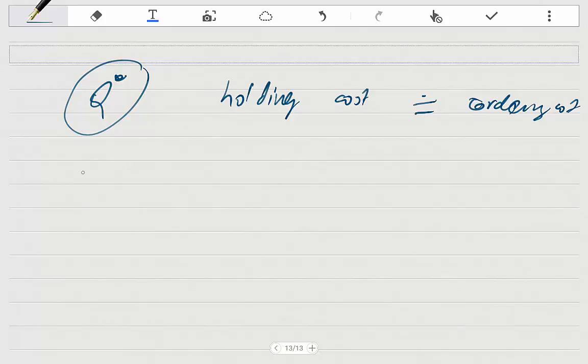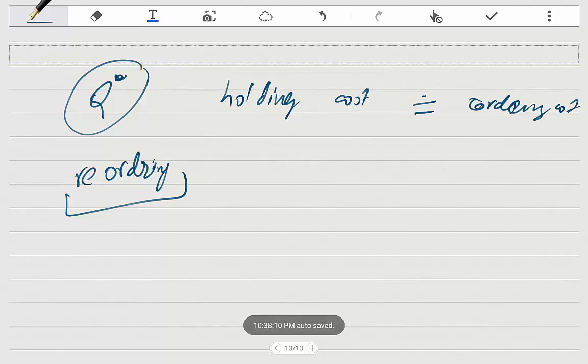We figured out the reorder point: I know what my daily demand is, and I know how long it takes for my order to arrive, that's the lead time. Using that, we figured out when we should place an order. Then we defined another new term called cycle time, which is the gap between two consecutive orders.